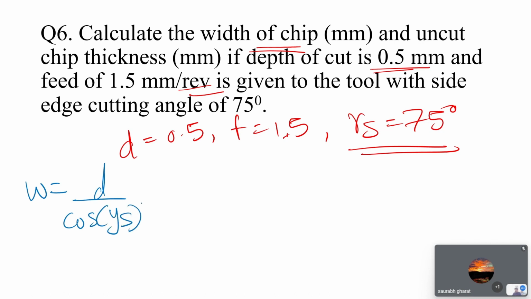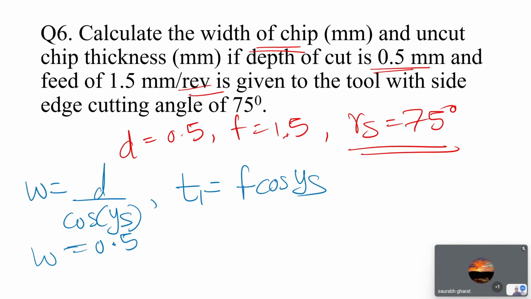And T1, the uncut chip thickness, is F cos of phi s. Just put the values. Your W will be equal to 0.5 divided by cos of phi s, where phi s is 75 degrees, which is equal to 1.93 millimeters.